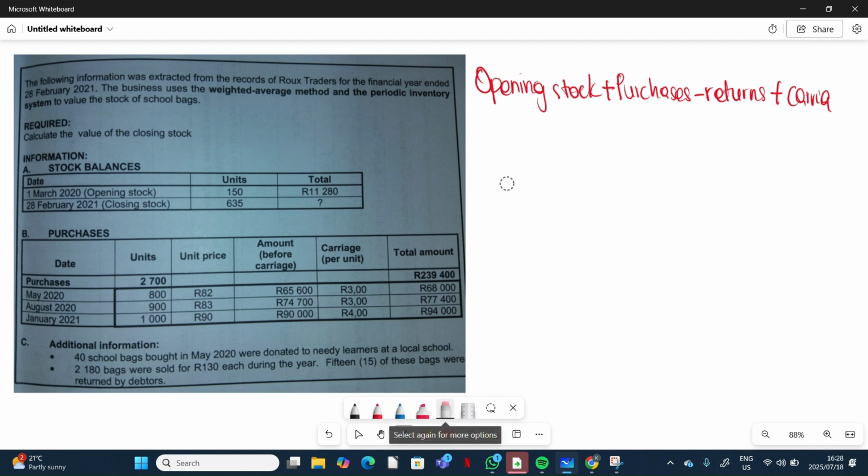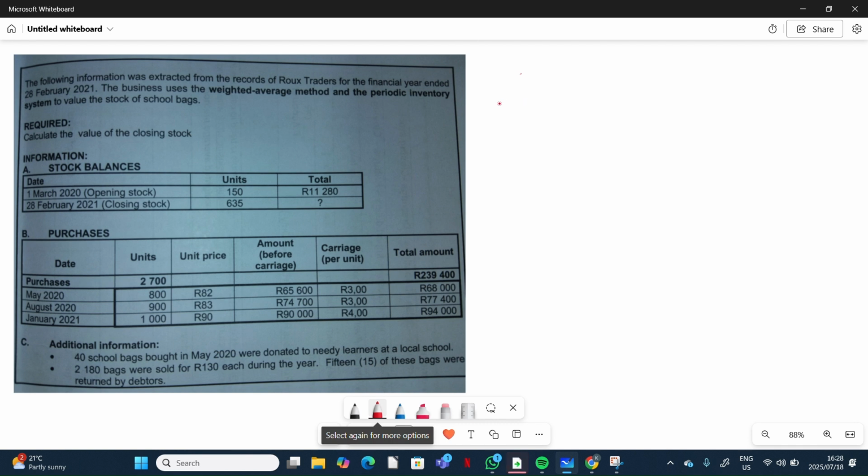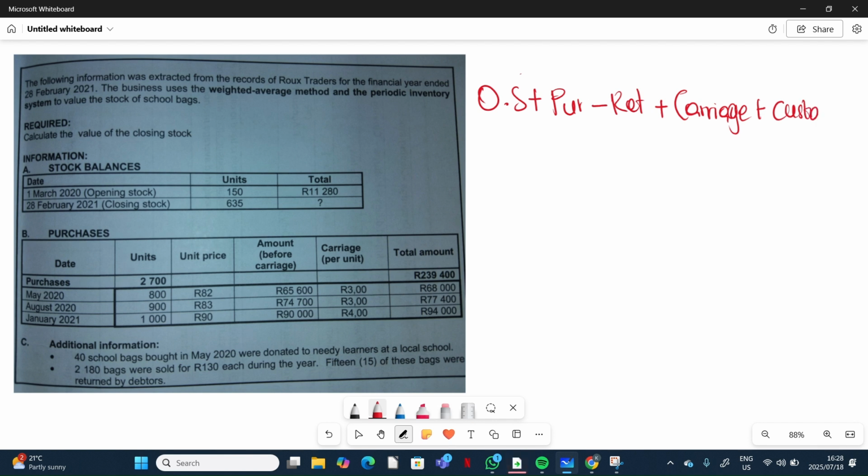Let me write it this way. My bad, guys. We have our opening stock. We're going to add our purchases, subtract our returns, add carriage, and also add custom duty.